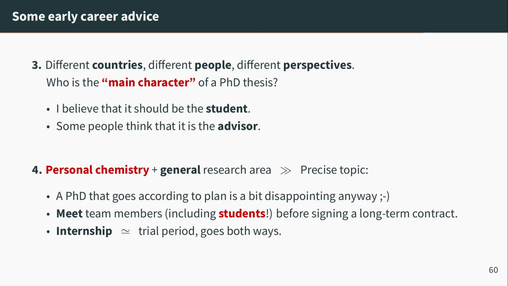Because it means that everything was predicted 3 or 4 years in advance. So in this context, I think it's super important to always meet team members, ideally in person, but at least have real conversations with people, including the students, before signing a long-term contract, because otherwise you're going to sign for 3 years and maybe get stuck in a situation that you want to escape.